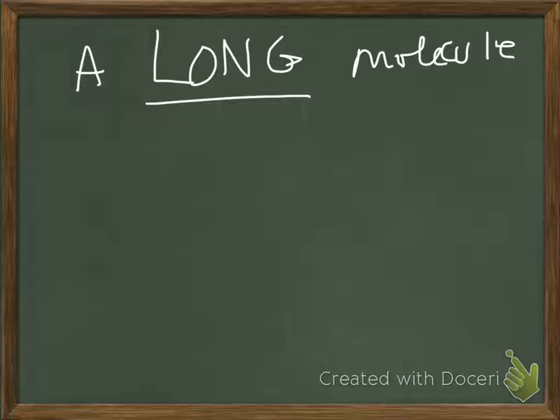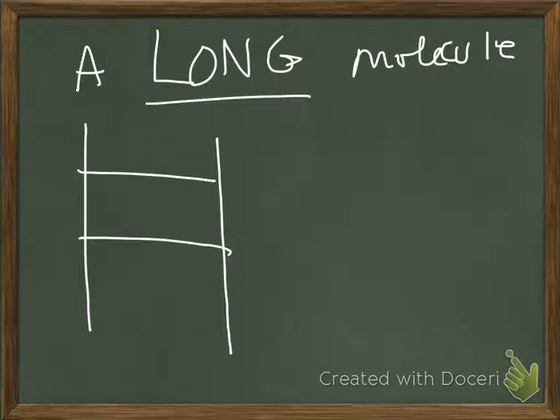So, what you have is a ladder. You've all seen a ladder, right? Yes? Who here has not seen a ladder? If you haven't seen a ladder, I'm going to assign you homework.